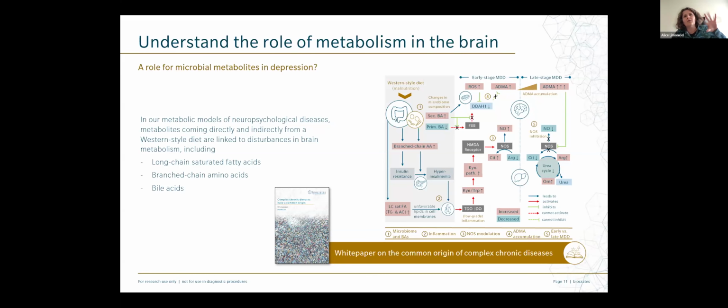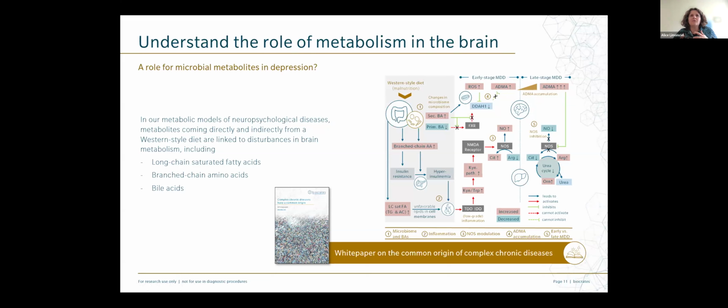And so combining all the different paths linked to inflammation, linked to different types of signaling through different transcription factors and receptors, we suggested a model where we would link this increase in ADMA to a story that is currently not very clear in the field of depression, which is whether nitric oxide synthesis is increased or decreased in depression.